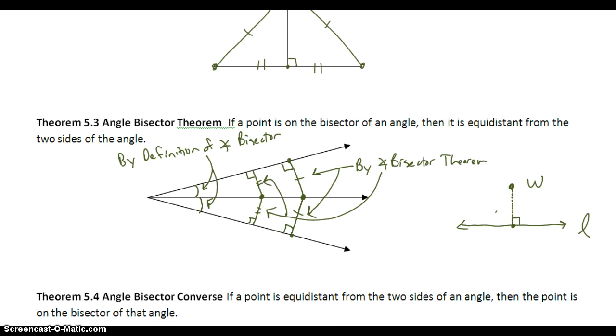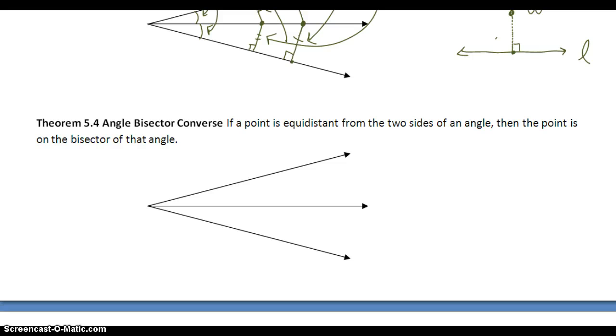The converse of the angle bisector gives me a way to prove that I have an angle bisector. So if I have a point that is equidistant from either side of an angle, then I can conclude that I have the angle bisector.